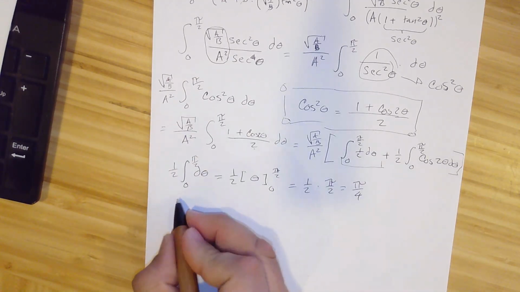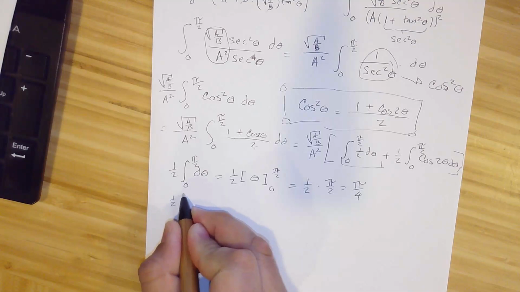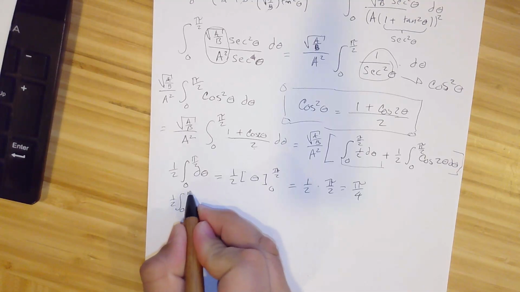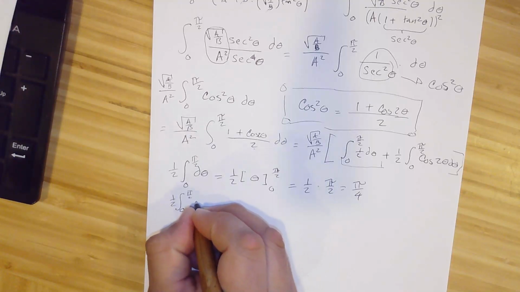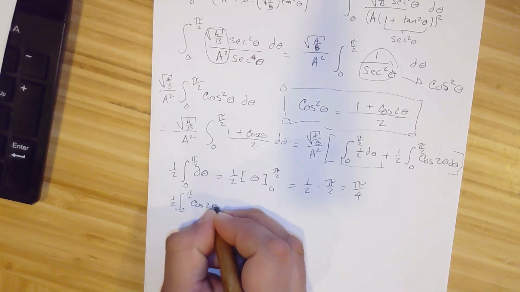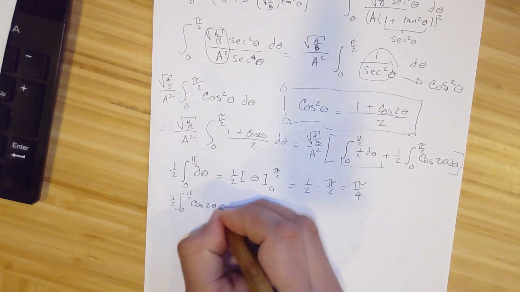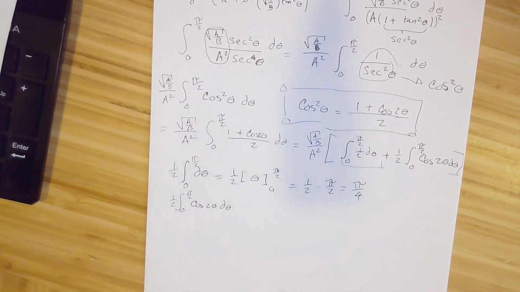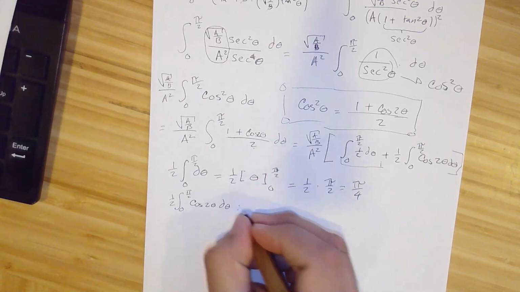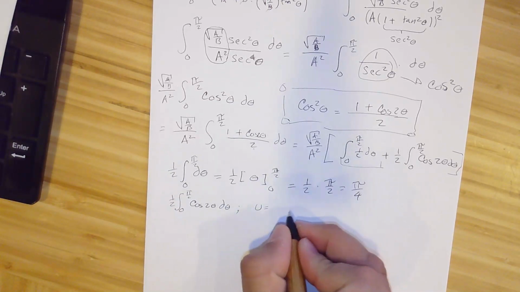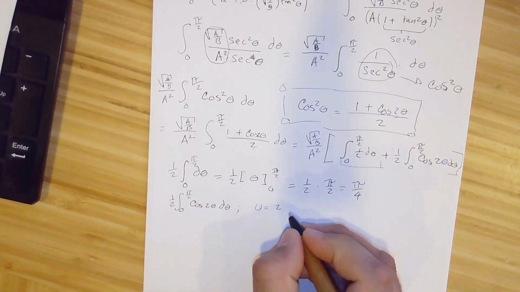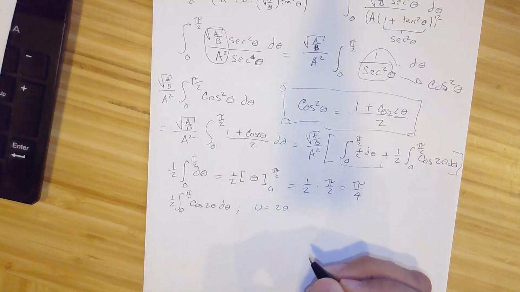The second part, 1/2 from 0 to pi over 2 of cosine of a double angle like this. How do we do this? Okay, let's do a substitution here. u will be 2 theta.